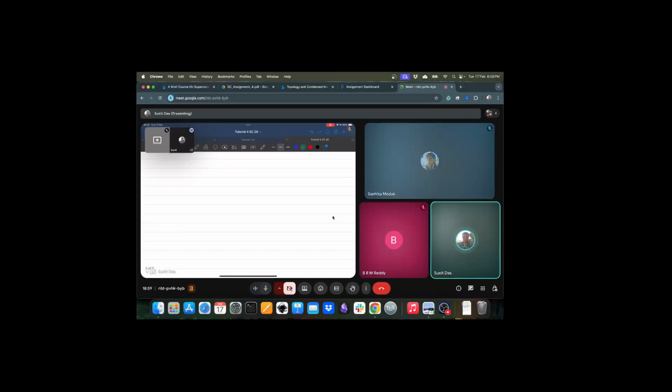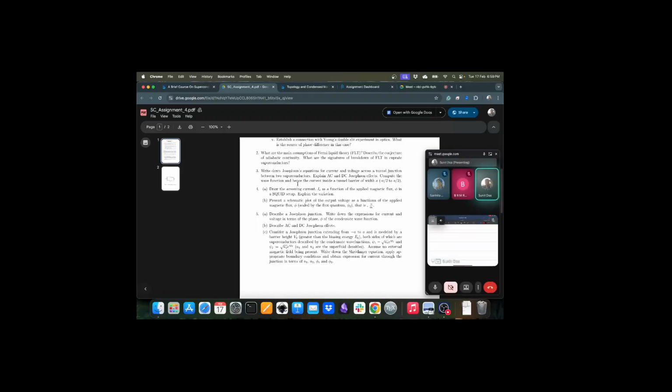Okay, so the next question is, the idea was already established in the generic case; what we have done here was the special case. When we did the Josephson junction, we had not assumed where the boundary lies, or what the region of the insulating region was.